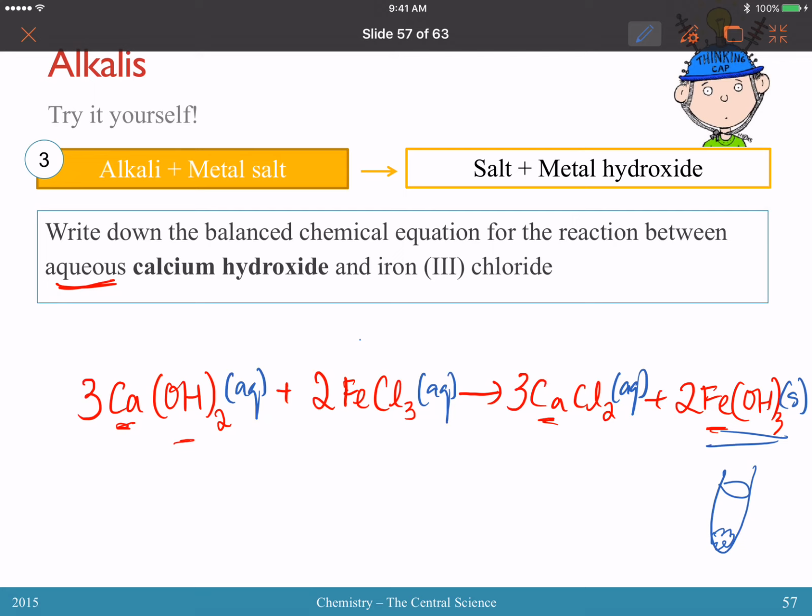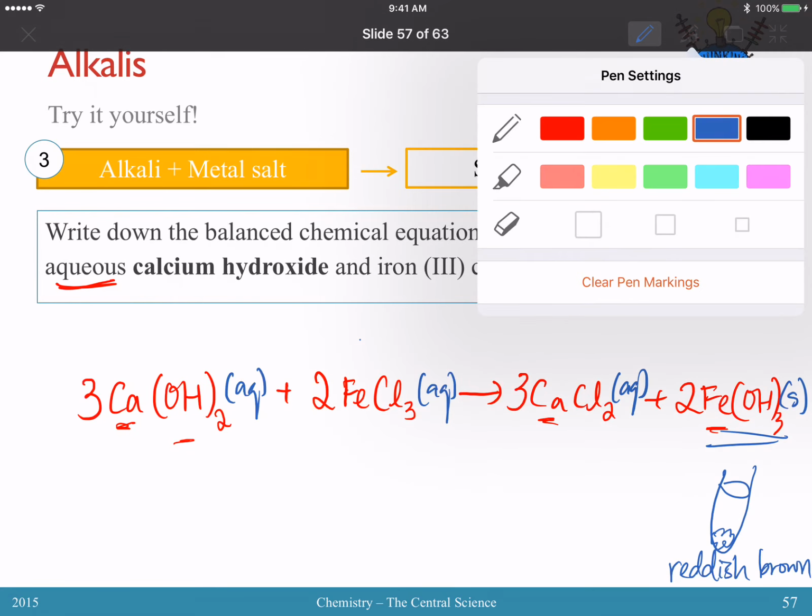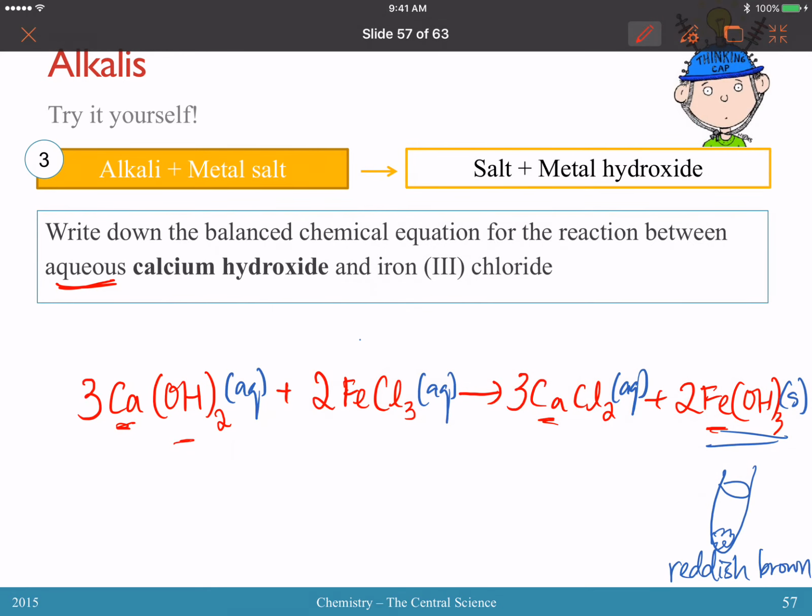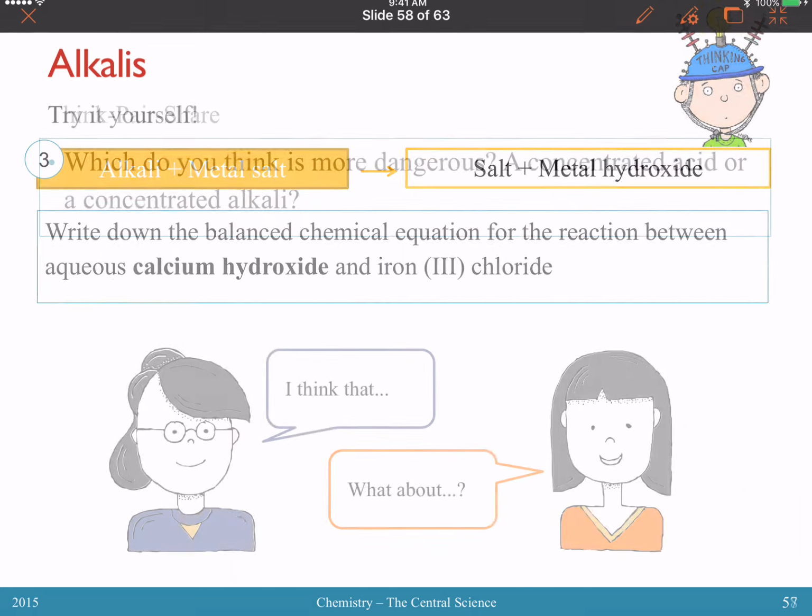The color of iron 3 hydroxide is actually reddish brown. Iron 3 hydroxide is reddish brown. You see a reddish brown precipitate forming.